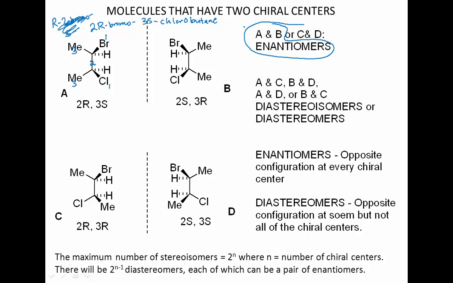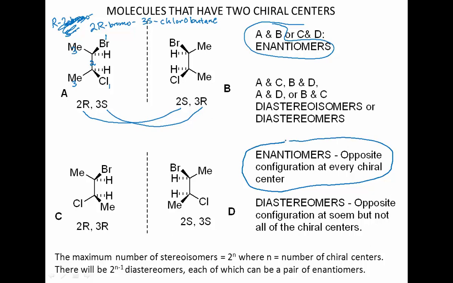When we go from A to B, position 2 goes from being R to S, and position 3 goes from being S to R. This is the most important definition of enantiomers, the one that'll probably serve you the best: enantiomers have opposite configurations at every chiral center.